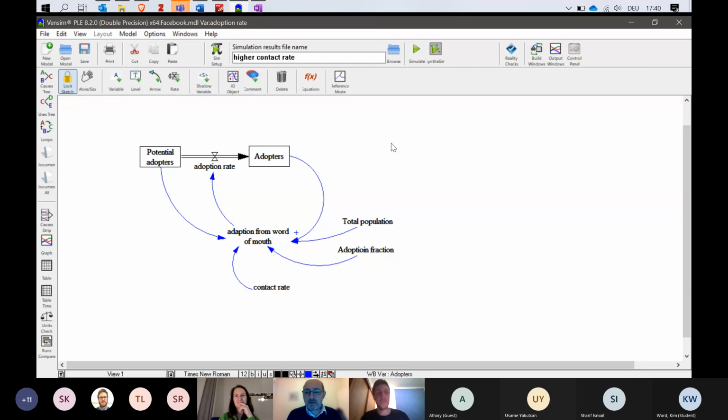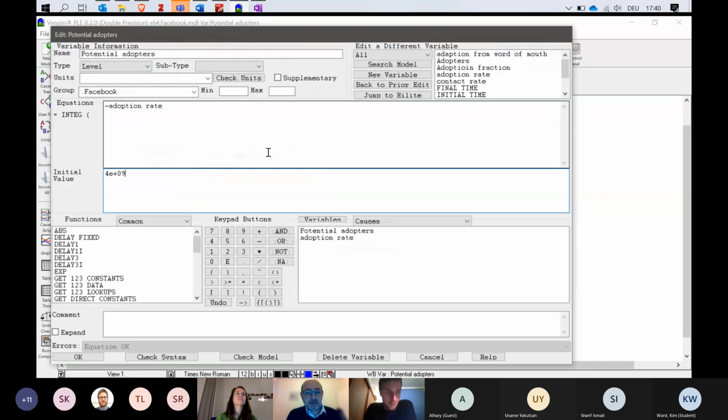Green asks, what is the equation for potential adopters? Can you show the equation for potential adopters? This one here, right? Yes. Yeah. Click, equation. So in potential adopters, because it's an outflow, the variable is subtracting, right?